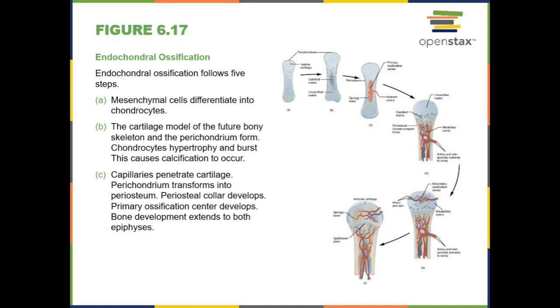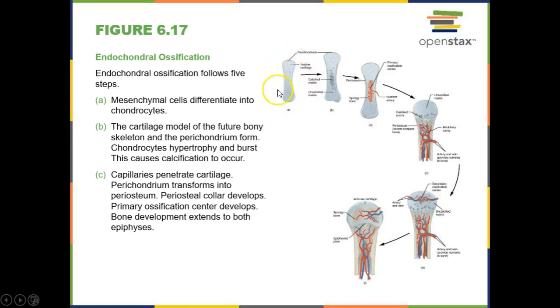And so during the embryonic period, we have mesenchymal cells that differentiate into chondroblasts. Chondroblasts produce chondrocytes, so they produce the cartilage matrix and become chondrocytes. And then you have this cartilage skeleton, okay?